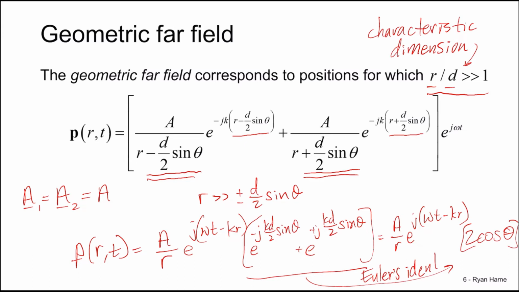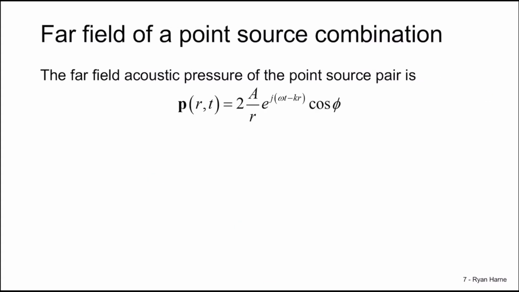And what we write for simplification is this capital phi is equal to kd on 2 sine theta. As a result, we found that the far field acoustic pressure for the point source pair is given by a radial dependence 2 times A on R, the complex exponential that shows the time variation e to the j omega t minus kr, and finally a trigonometric part cosine of phi.